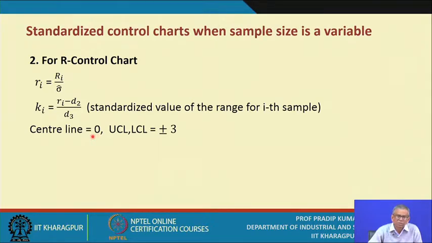Then obviously the center line will be 0, and the upper and lower control limits will be at plus minus 3, like in the previous case. Whenever the sample size is variable, this may be a preferred alternative, and there could be many applications of standardized control charts.